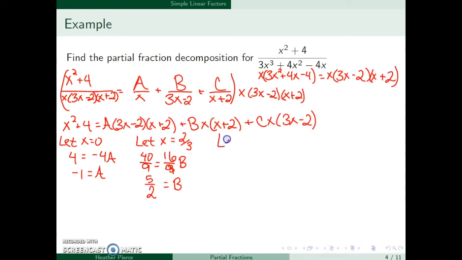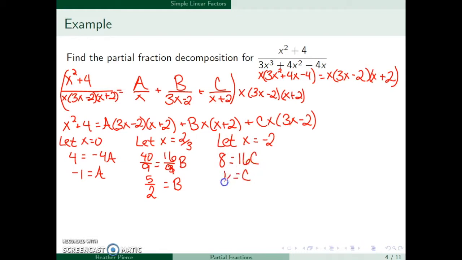We can also let x be equal to negative 2. On the left-hand side, I get negative 2 squared plus 4, which will be 4 plus 4, which is 8. We'll see this will cancel both the a and the b term. On the c term, I'll have c times negative 2 times negative 6 minus 2. So negative 8 times negative 2 will be positive 16c.